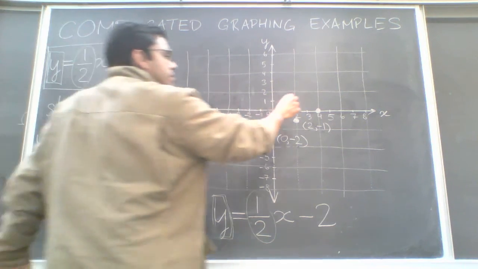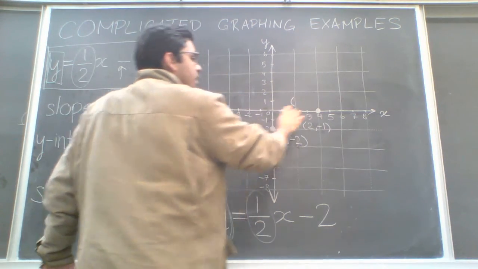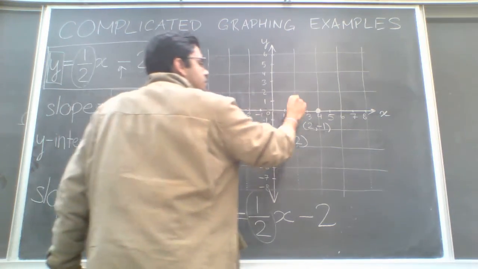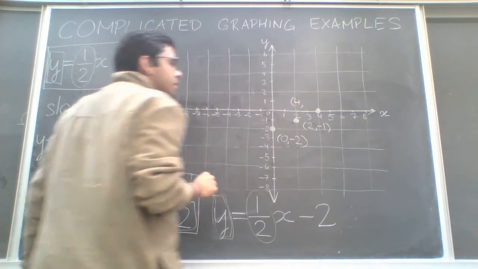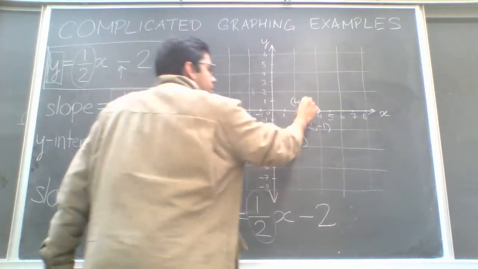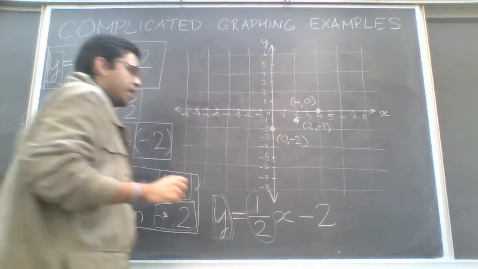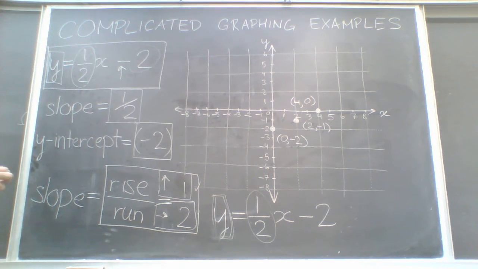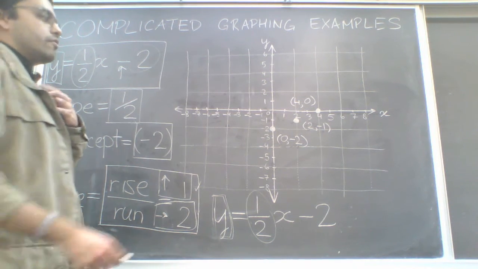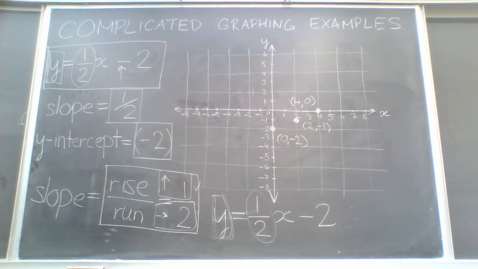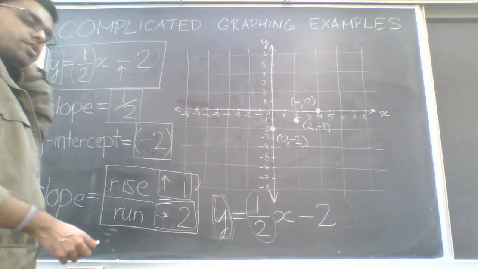And then just for the sake of completeness, this third point up here is at an x-coordinate of 4 and a y-coordinate of 0, because we haven't moved up or down from the origin. We've only moved left and right for this particular point. So that gives us those 3 points right there.